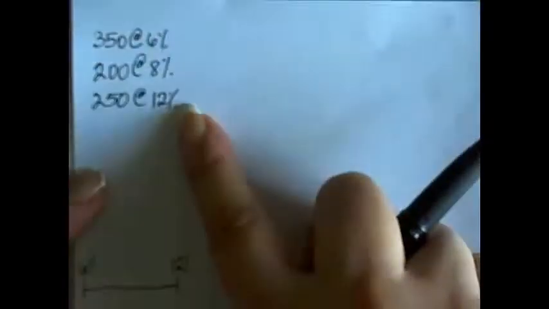Now I know just from looking at the portfolio that the correct answer is going to fall somewhere between 6% and 12% because that's our lowest and our highest interest rate. So the weighted average can't be lower than 6 or higher than 12.